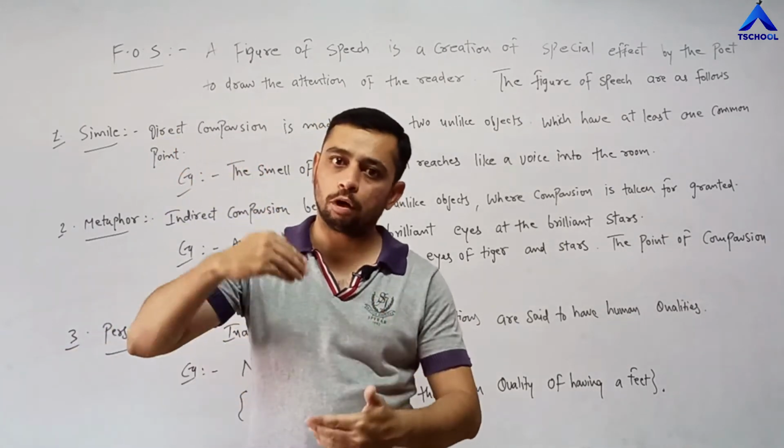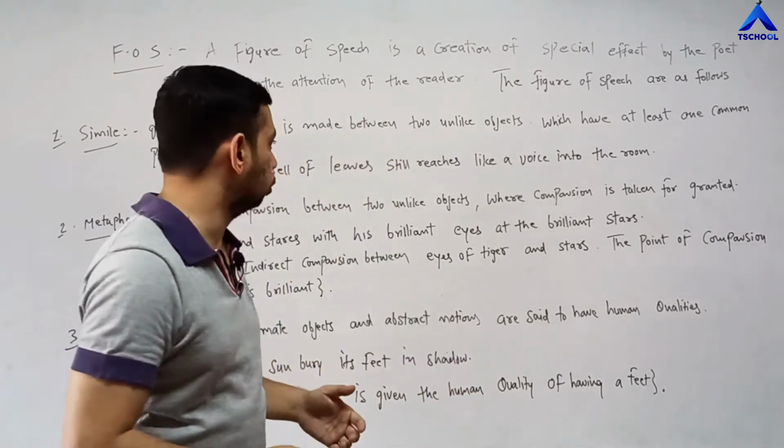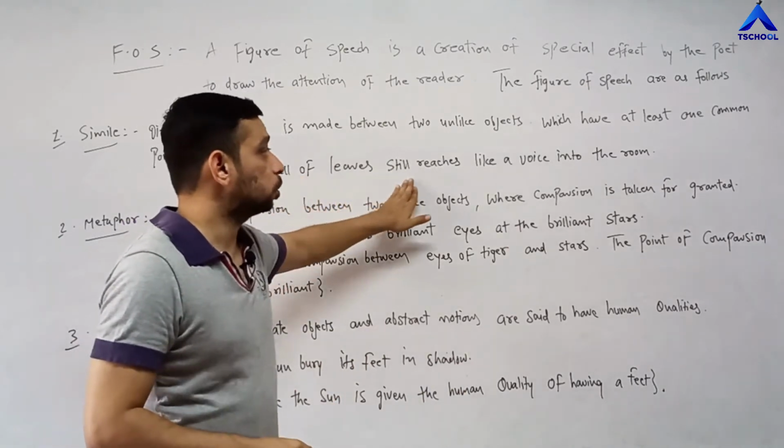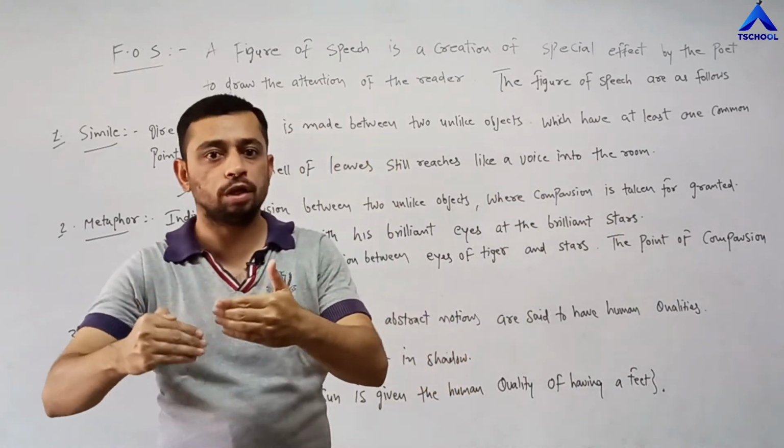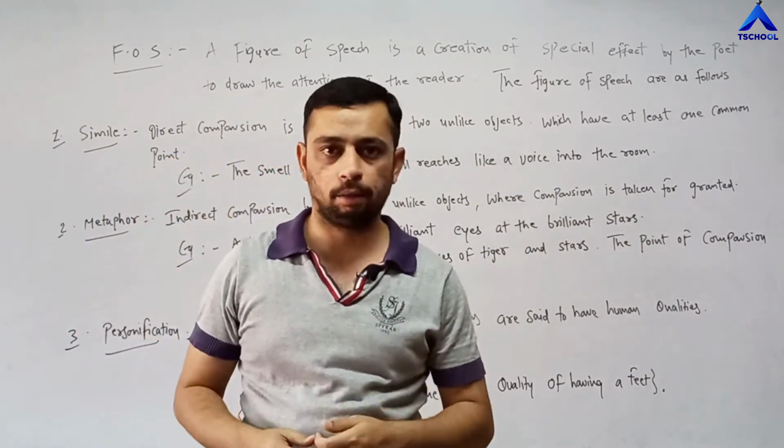So whenever the poet tries to open the window, the smell of the leaves still reaches like the voice in the room as it used to reach previously when the tree was there.